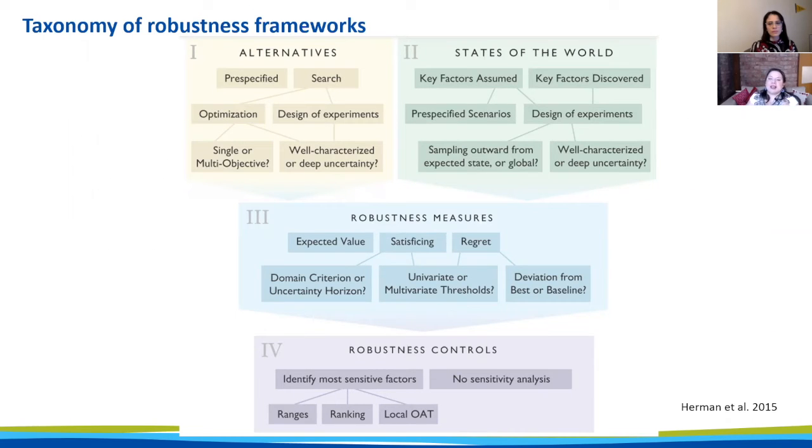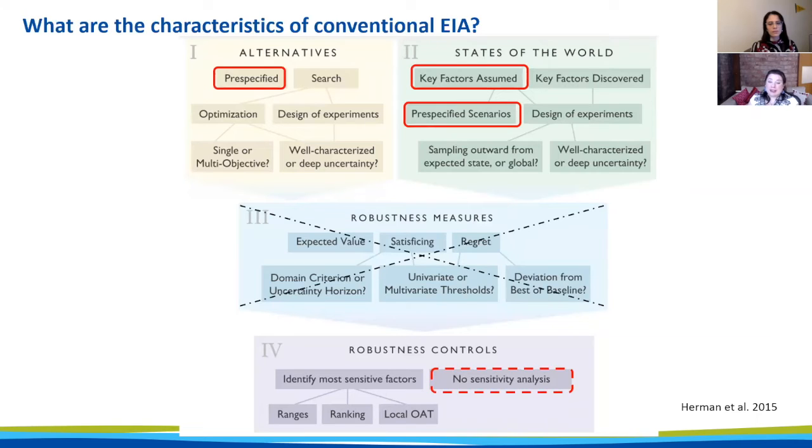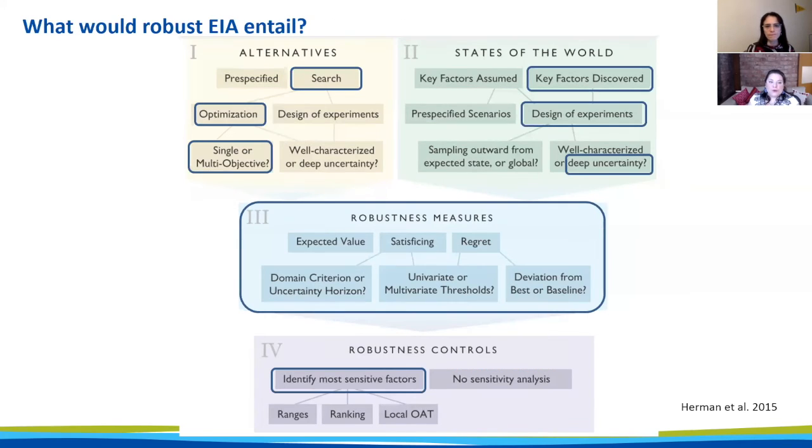So let us take the taxonomy of robustness frameworks proposed by Herman to place conventional EIA in a DMDU context, where the discovery of alternatives, key factors and scenarios ranges from very limited to almost non-existent, and there are no robustness measures or controls. We therefore propose a shift towards robust environmental impact assessment in which the alternatives and states of the world are discovered and robustness measures and controls are integrated.